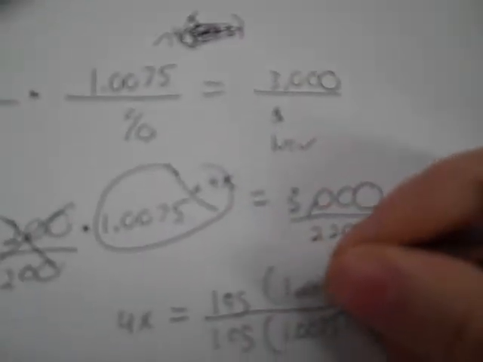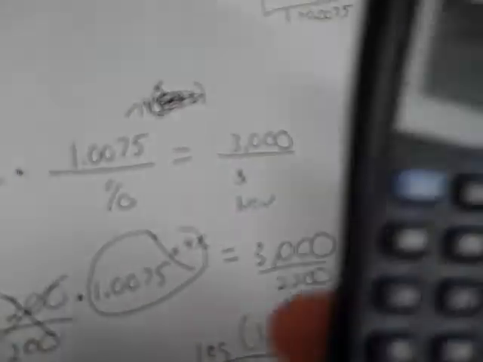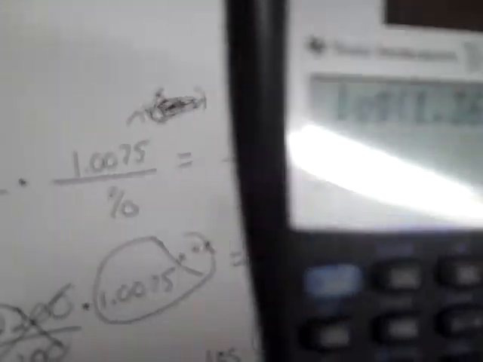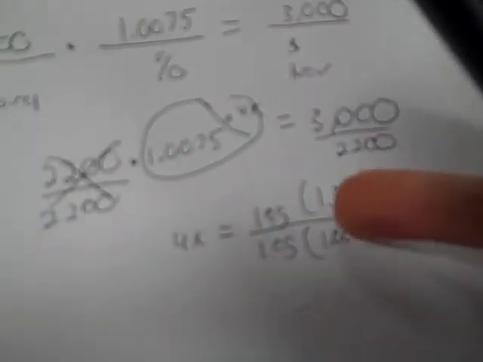So calculate what that is. Okay, 41, but I need to remember that I need to divide this by 4 then, because it's the opposite of multiplication. So the answer is 10.2, so practically 10.